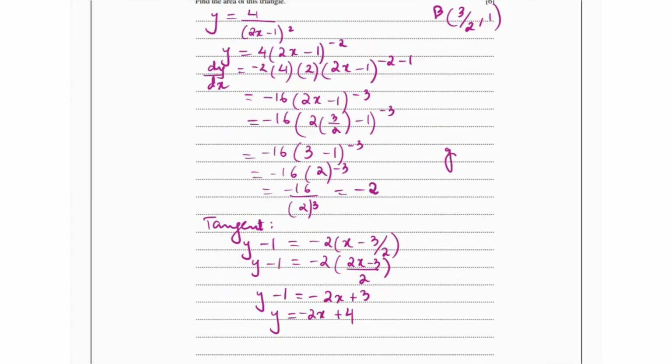And for the gradient of the normal, that's going to be 1 over 2, because negative 2 times m2 equals negative 1, so m2 will be 1 over 2. The tangent and the normal are at right angles to each other, so the product of the gradients is always going to be negative 1.